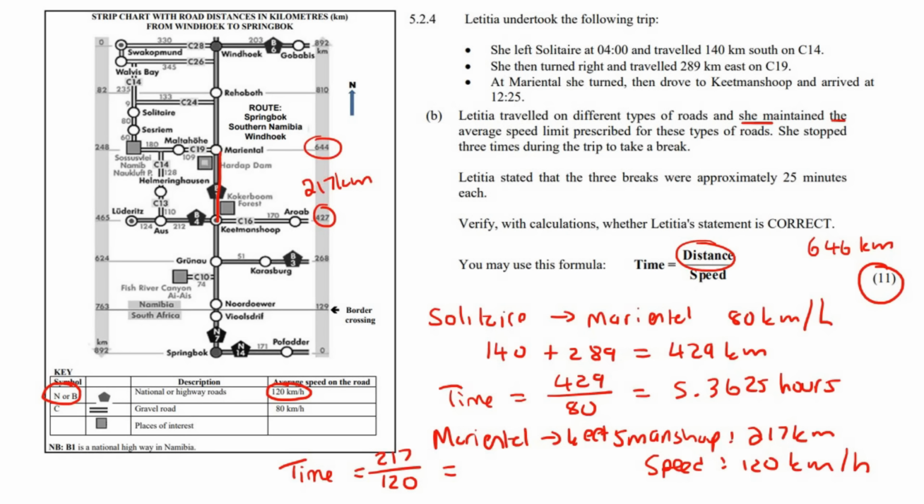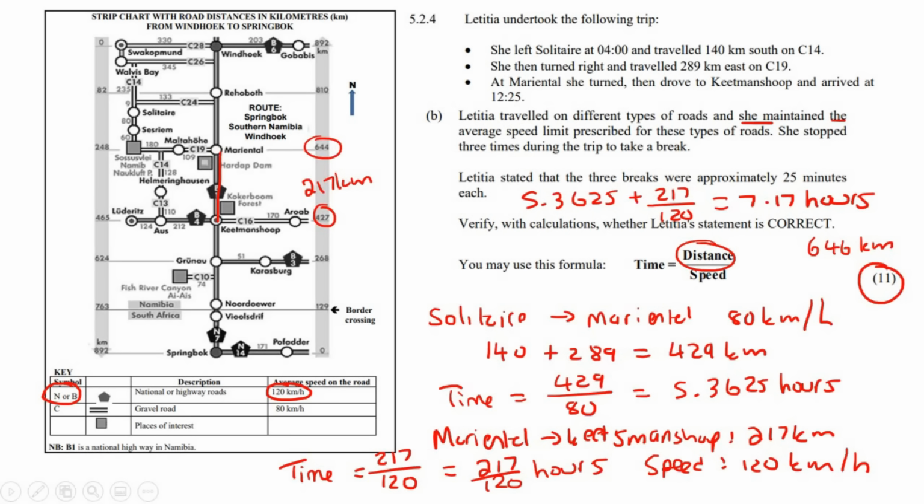I'm actually just going to leave it as a fraction. 217 over 120, and that would be measured in hours. Okay, so we can now get the total driving time, which would be 5.3625 hours plus 217 over 120. And if you had to work that out, I'm going to round that to 2 decimal places. That would be 7.17 hours.